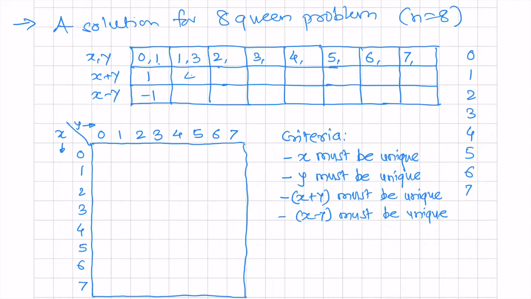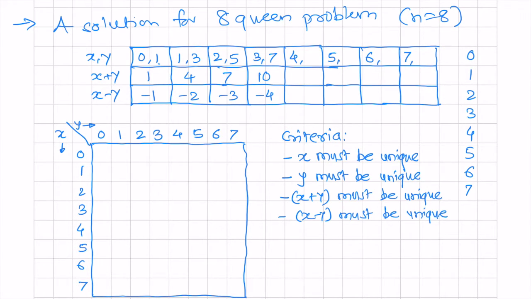That makes the sum 4 and the difference minus 2. Similarly, I can't use 4 here because the difference will be minus 2. So I will use 5. Sum is 7, difference is minus 3. Same here, I can't use 6, but I'll have to use 7. The sum will be 10, the difference will be minus 4.